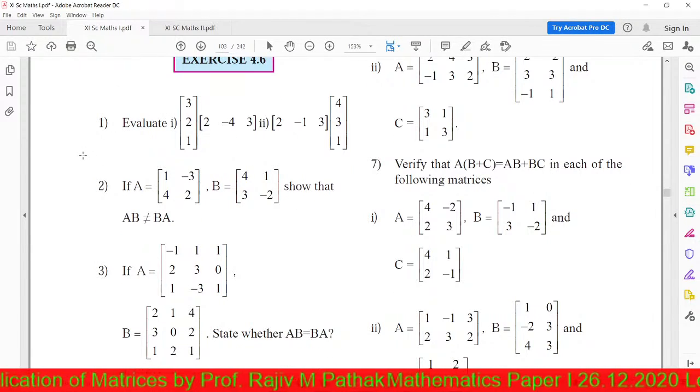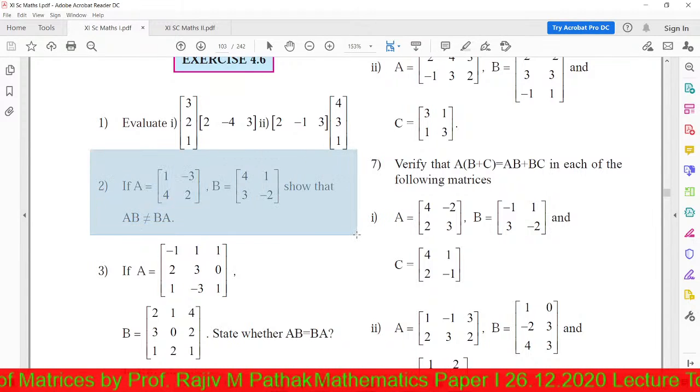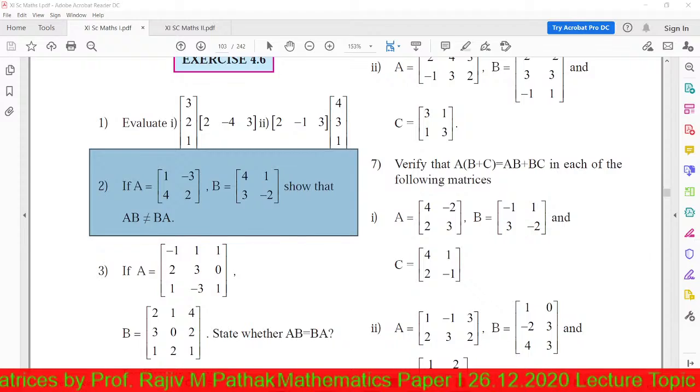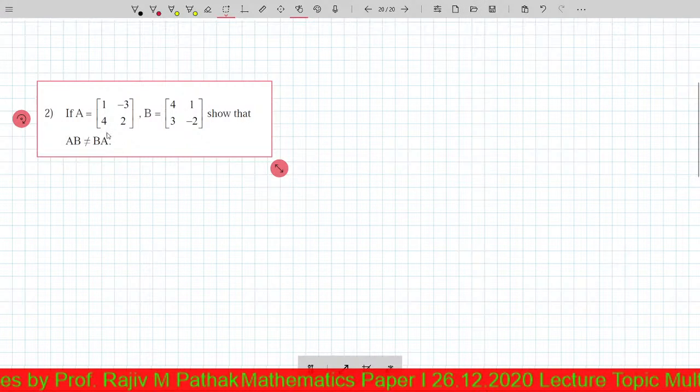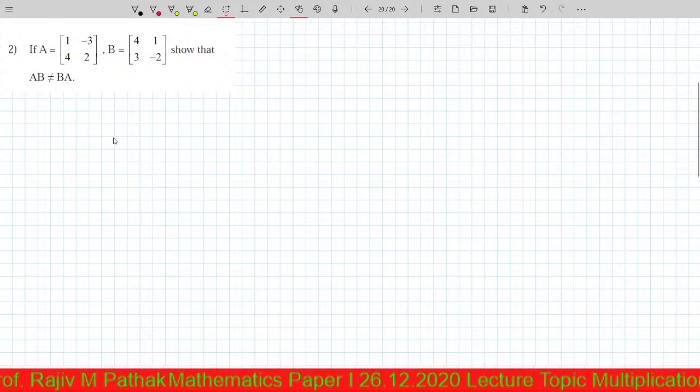Now I'm going to do the second problem, because the first type of problem we have already done.